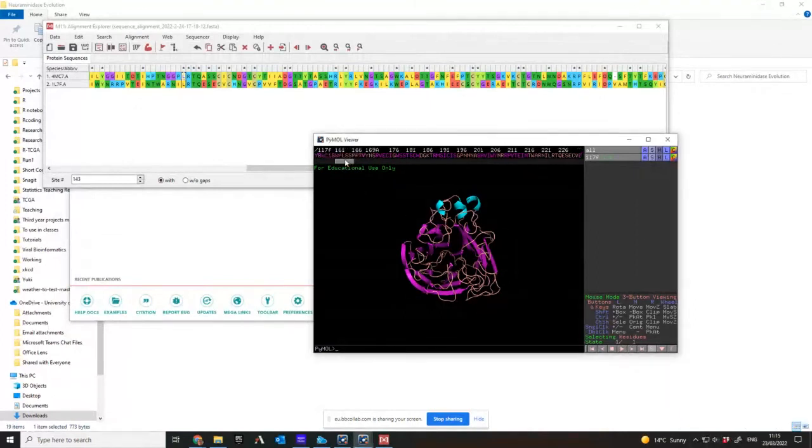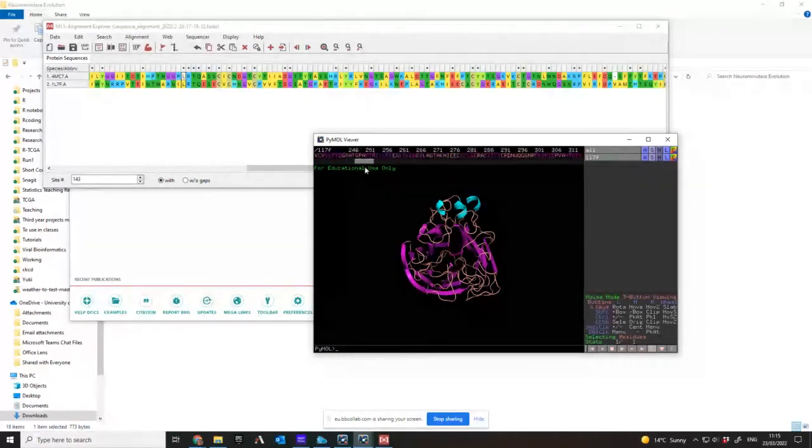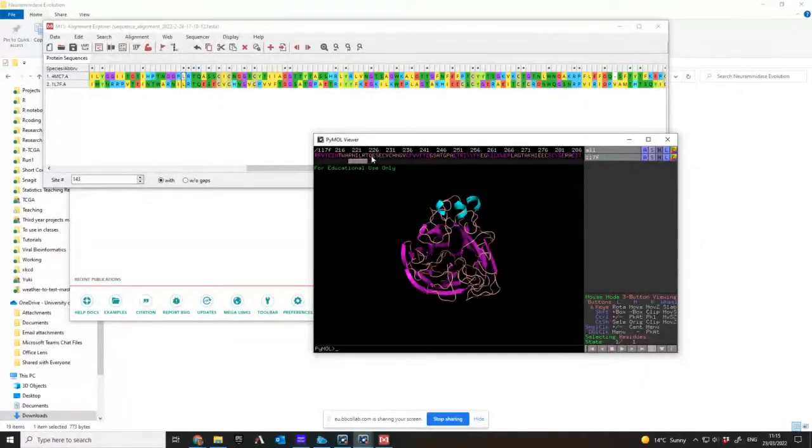Nearly 143. LRTQ doesn't look like it's there. Remember, I have to add 80, so it would be about 220 actually. LRTQESES. This is where we are.